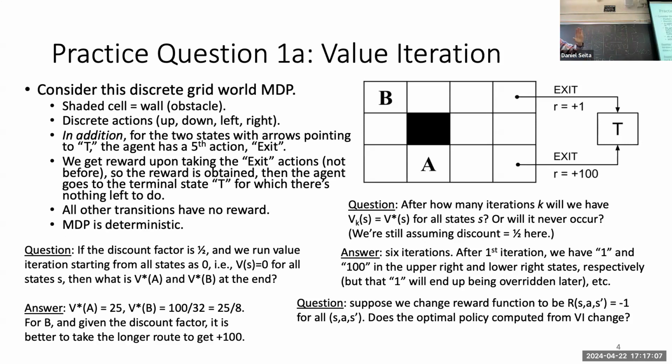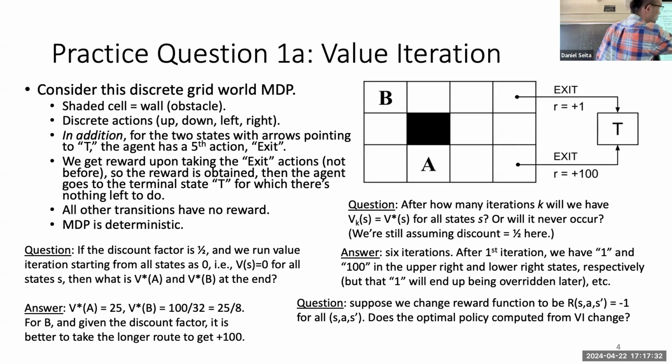Here's what I would recommend. I would recommend comparing what happens here. If you're in this state under the old reward of +1 and +100, the optimal policy is to go down and then exit. That's what the optimal policy will tell you.